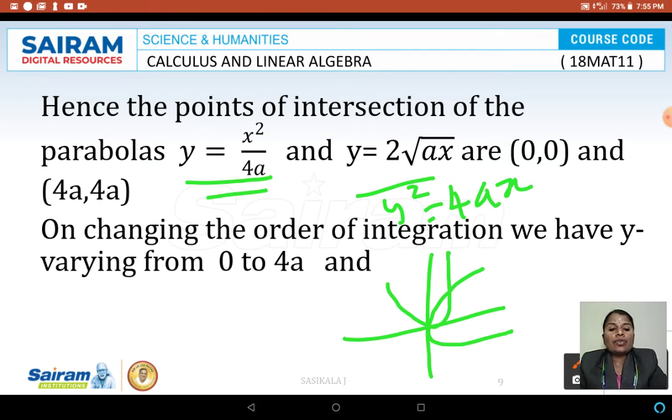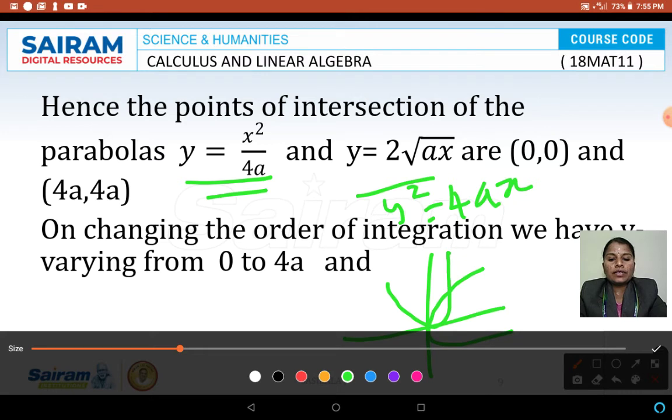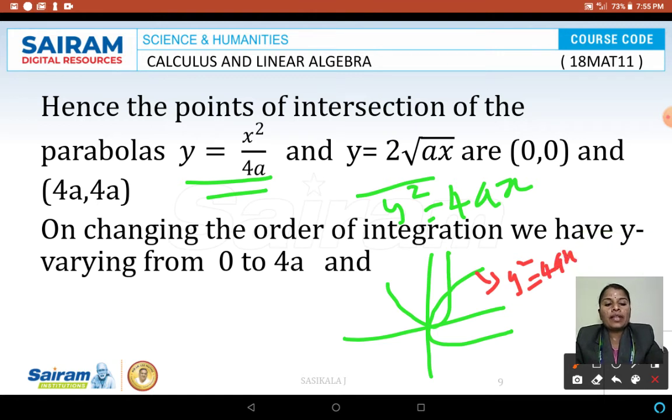I'll just change the color. You can see this curve is y squared equal to 4ax, and this curve is x squared equal to 4ay.